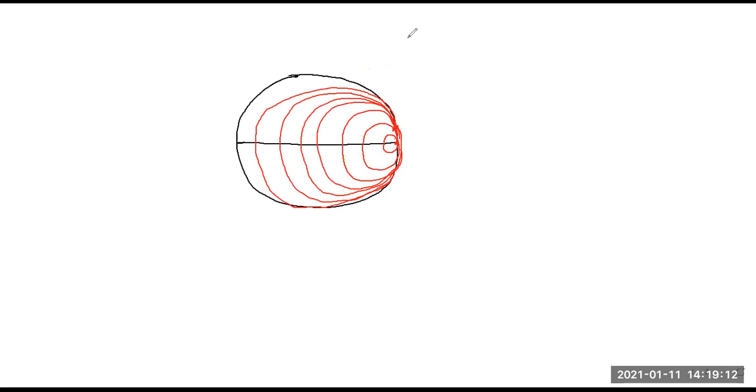These are some of the circles, and you will also find some lines like this. So this is roughly how the Smith chart will look.